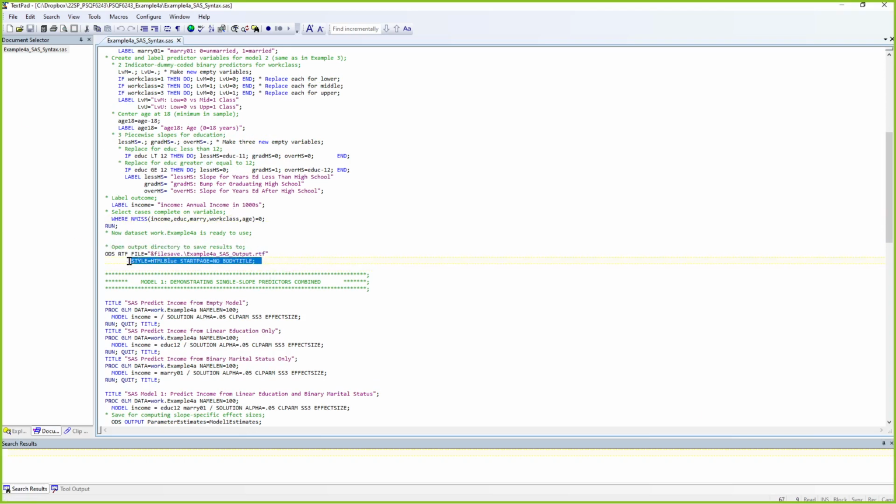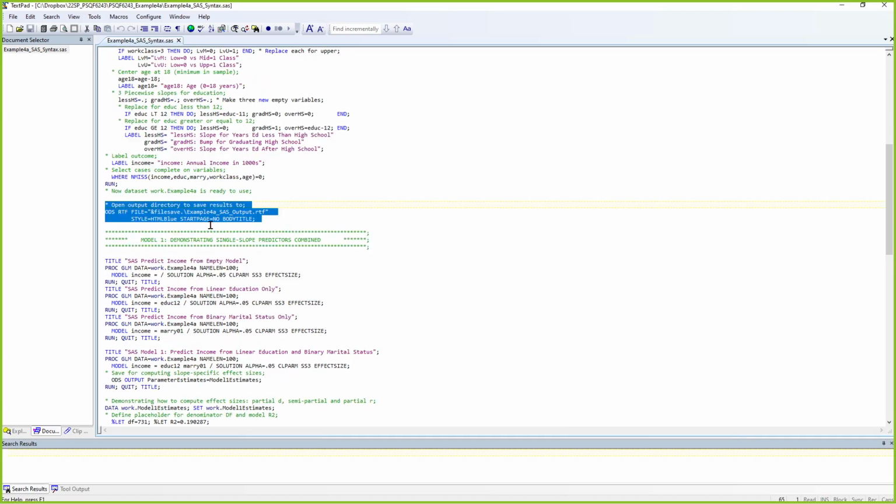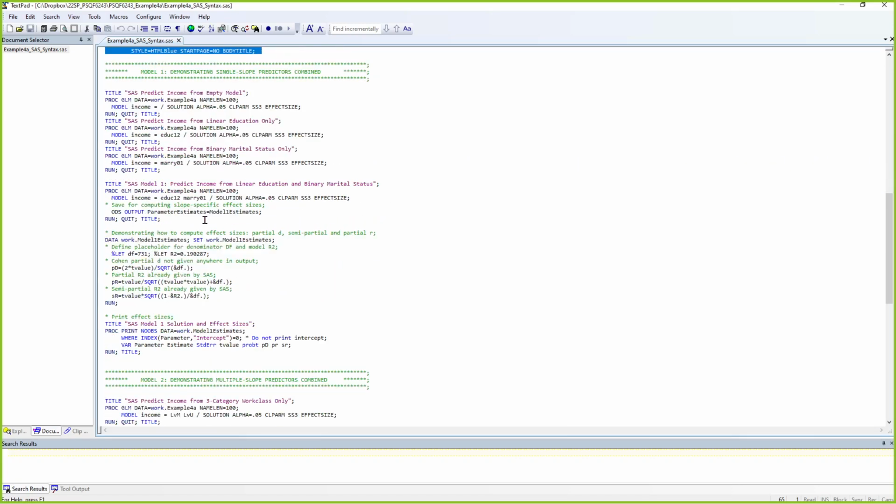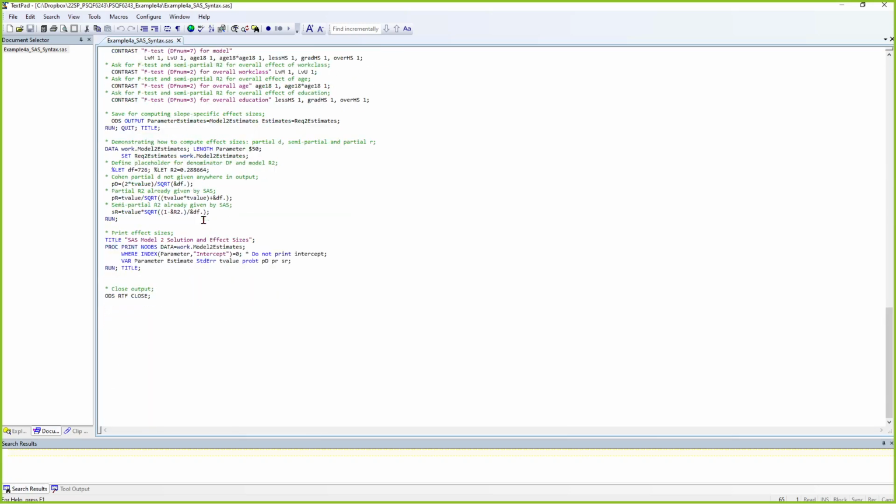This piece of code right here, ODS RTF, opens a rich text file, and any output that you subsequently ask it to do will go to that text file. And when you're done with everything that you want to save, you would execute this little line of code here, ODS RTF close.